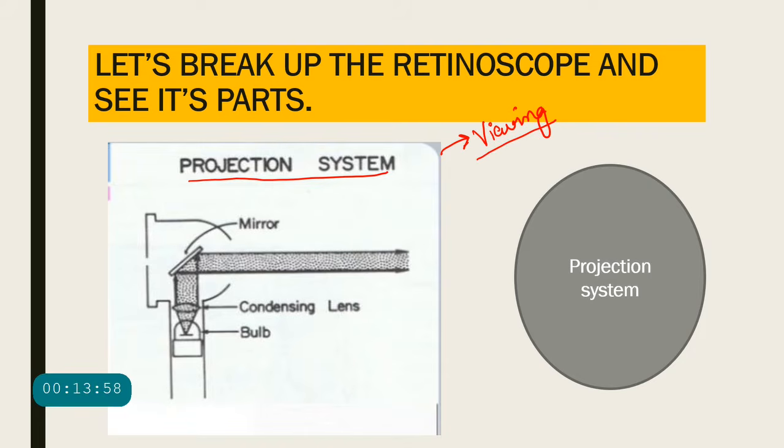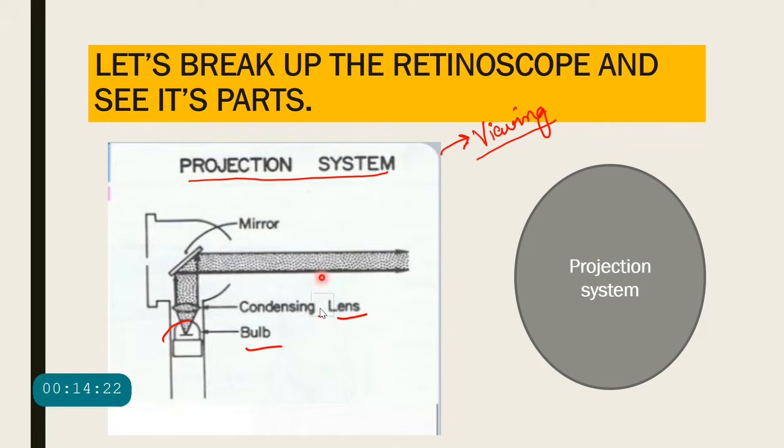So the projection system consists of a bulb. As you can see here, there is a bulb, and just above this bulb, there is a condensing lens. The rays of light from the bulb are going to pass through the condensing lens, and then from the condensing lens they are going to reach the mirror.